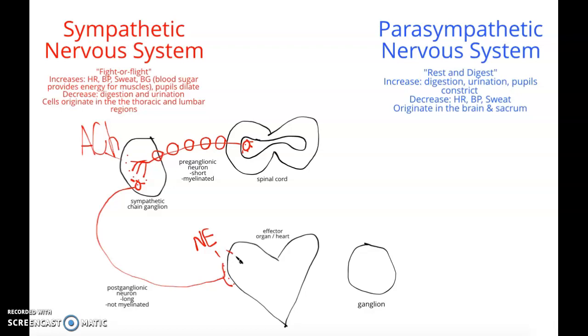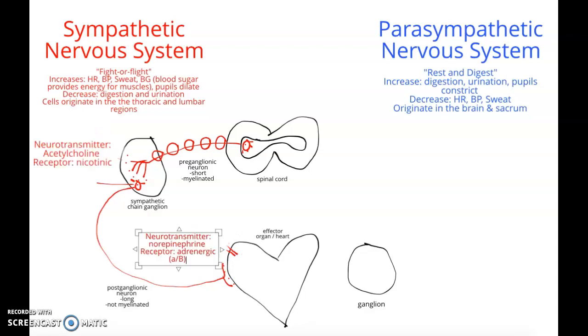The receptors on the effector organ are called adrenergic receptors. And the receptors here on the cell body of the postganglionic neuron are nicotinic receptors. Here I added some labels.